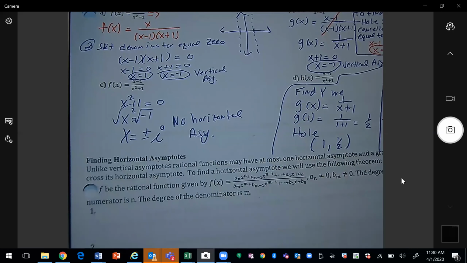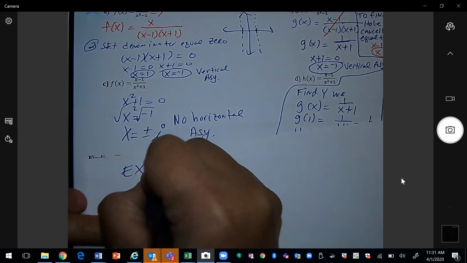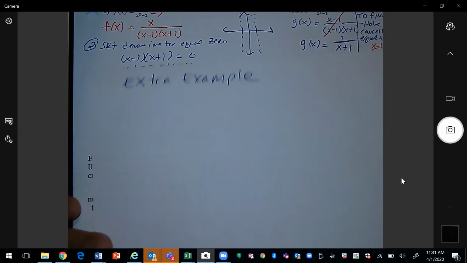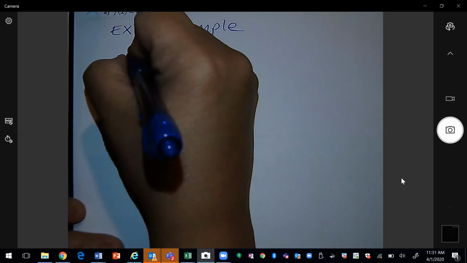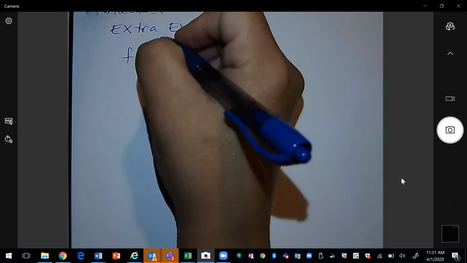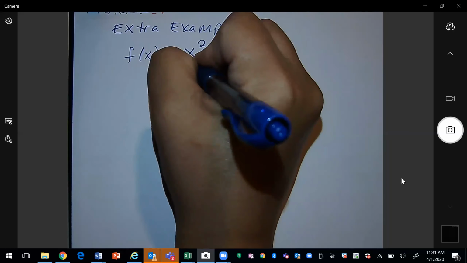Okay. But let me give you one where we can practice finding everything else again. So this is an extra example that's not in your notebook. Okay, so let's say we have f of x is equal to x squared minus 4 divided by x minus 2.